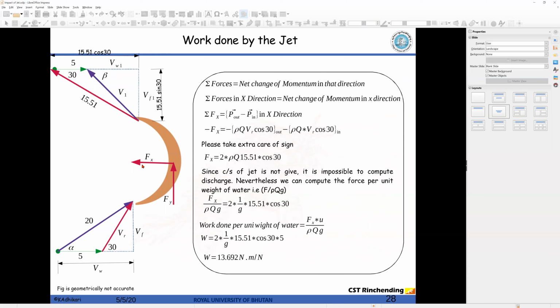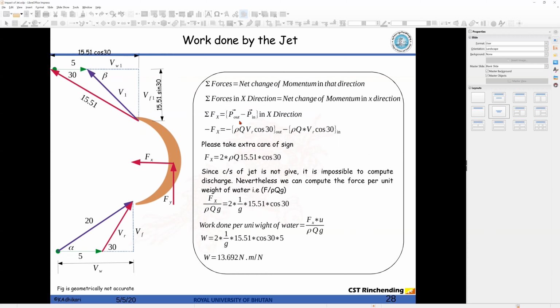The force we are calculating is Fx, because that is what we are interested in. The force is the net change of momentum, like always, and Fx is the momentum going out of the control volume minus the momentum coming into the control volume. What is going out? Rho Q Vr1, that is going out.